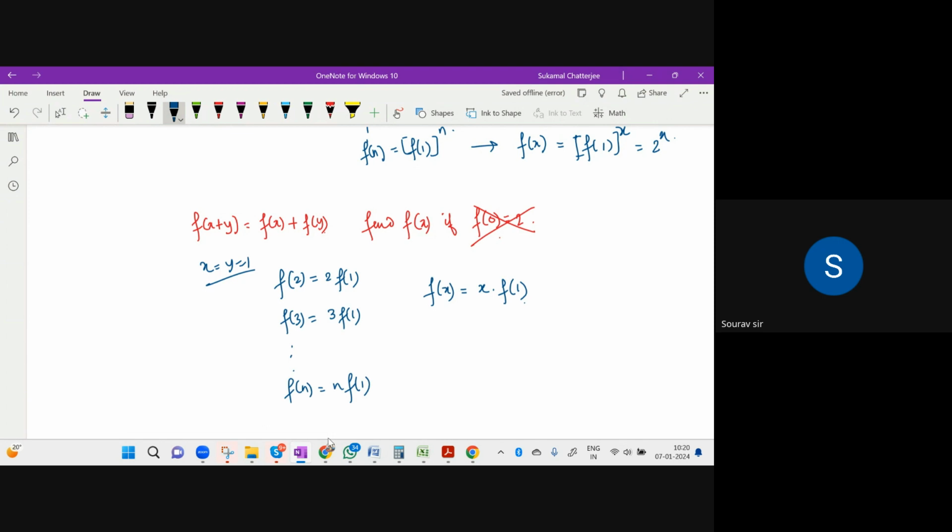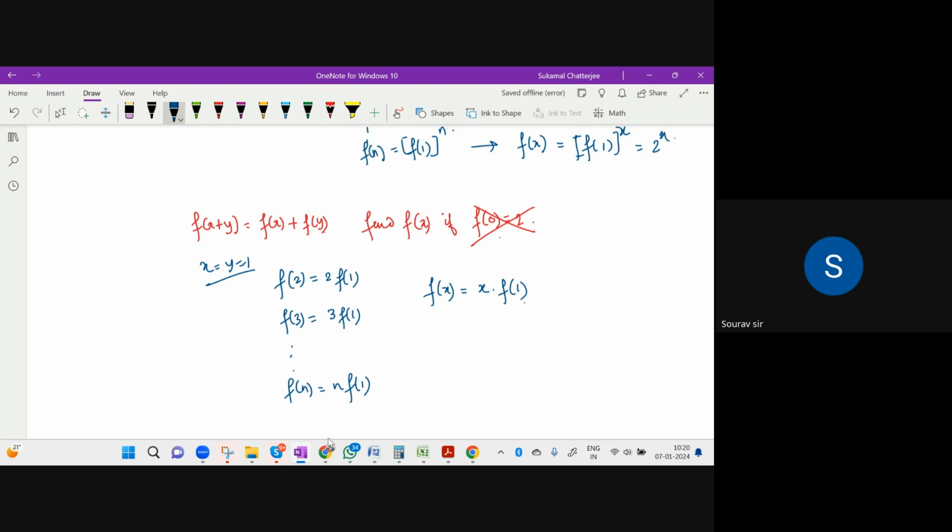Correct. And is there a way to find f1? Is there any way out to find f1? No, sir. No. You either need one of the values.